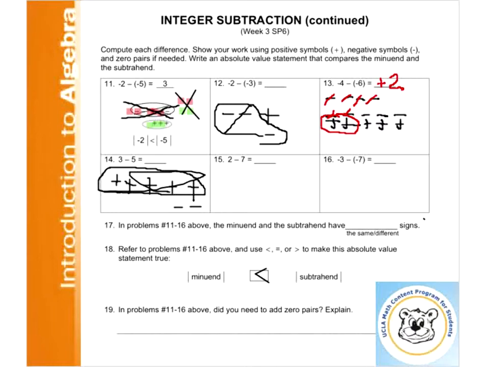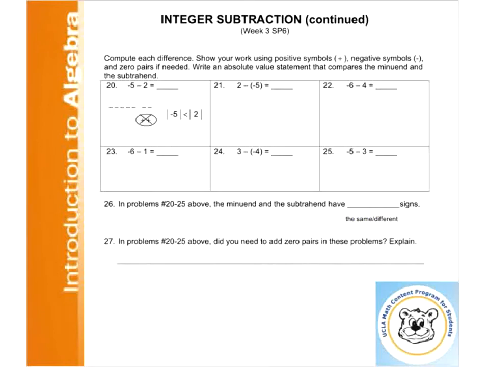Can someone explain why we need the zero pairs here? Well, we don't have enough in the minuend to subtract the subtrahend, so we need to build zero pairs in order to do that. Any questions? Right, because you are taking away more than you have. All right, let's go ahead and move on to the next page.